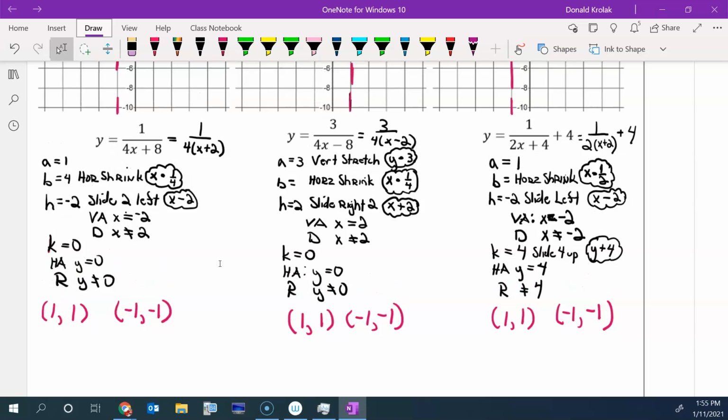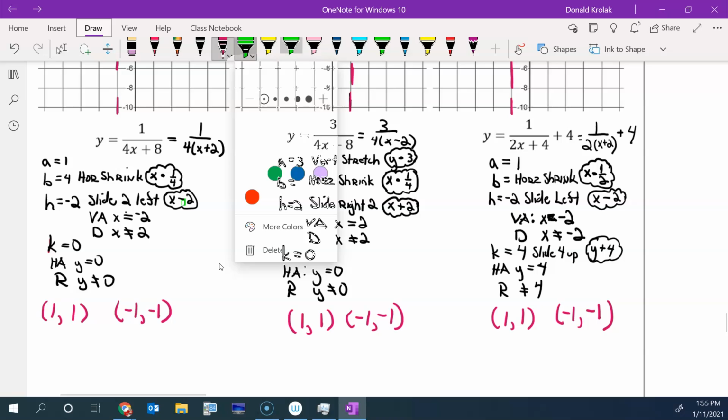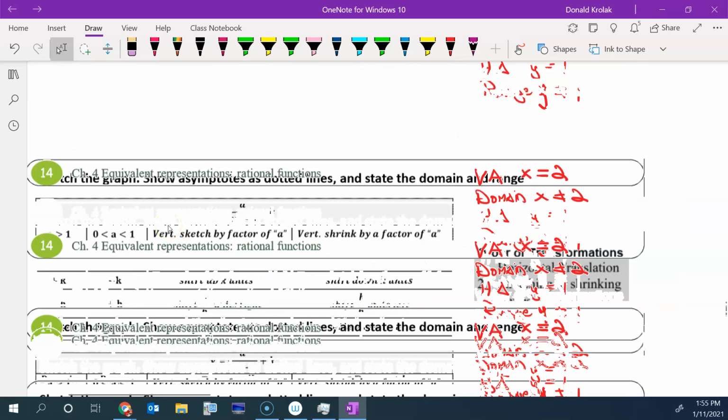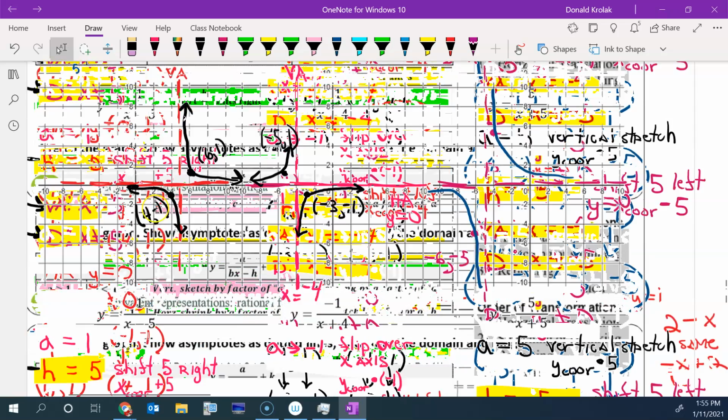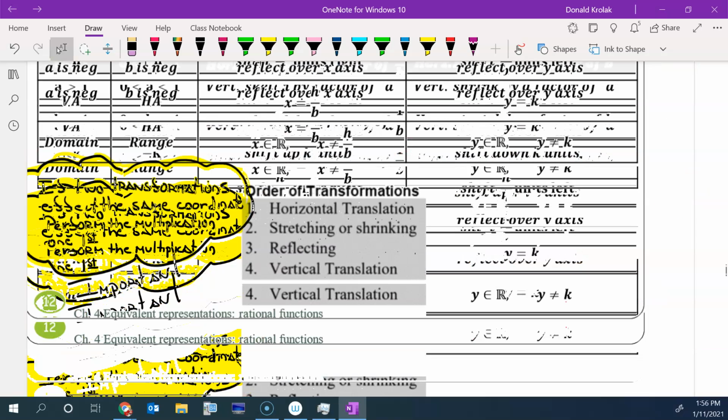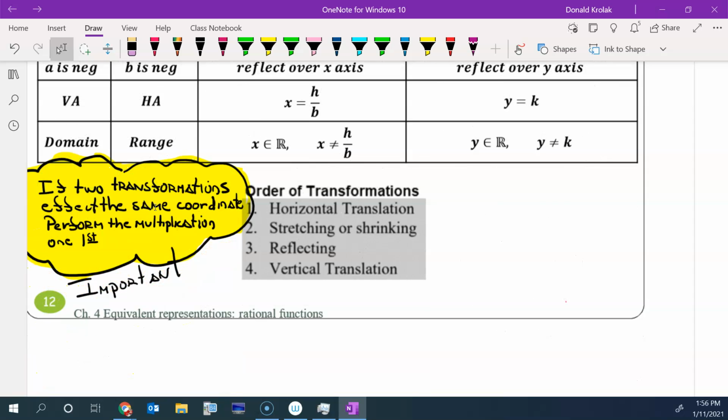All right, so on the first one, you've got transformations that both do the X. That works on an X, that works on an X. So what we learned is I want to do the one that affects the X coordinate first, or the one that involves multiplication. Okay, so that's what's important.